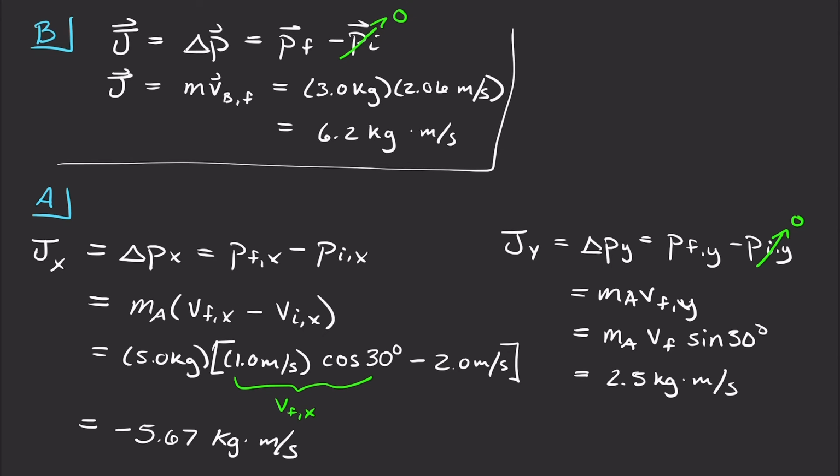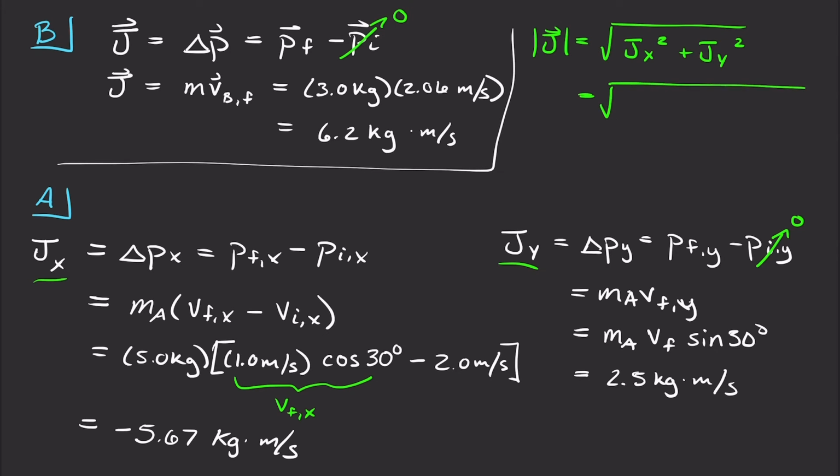And now we can find the magnitude of the impulse for object A just by using the Pythagorean theorem. We have an x component of a vector and a y component of a vector, so we can combine them by doing jx squared plus jy squared, taking the square root.